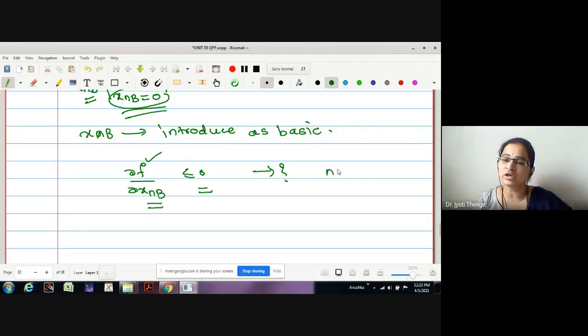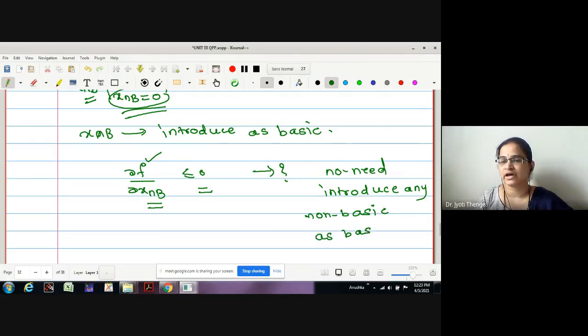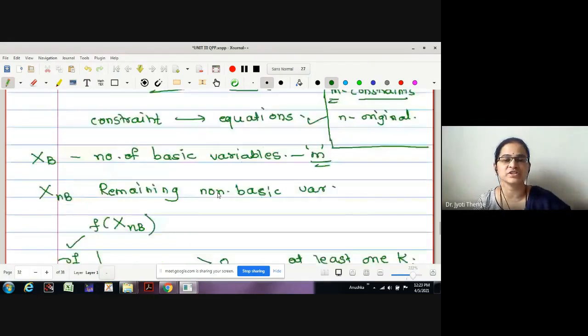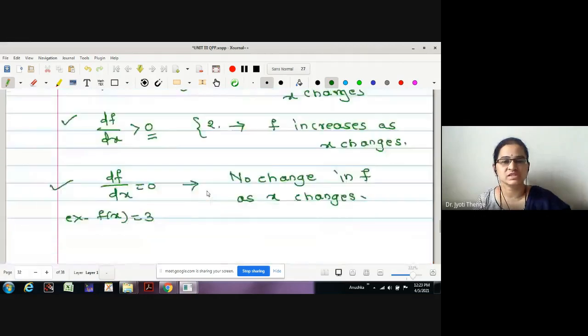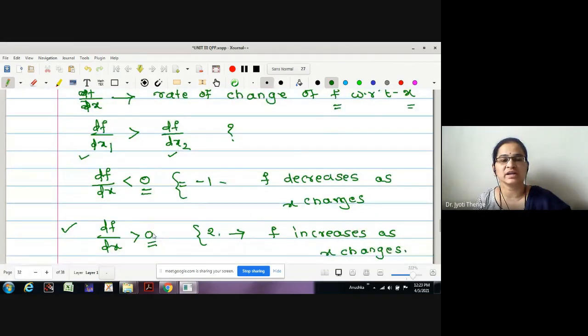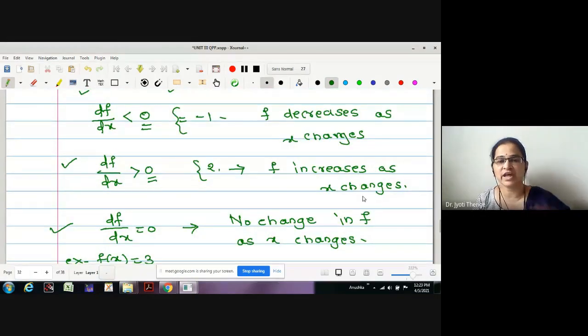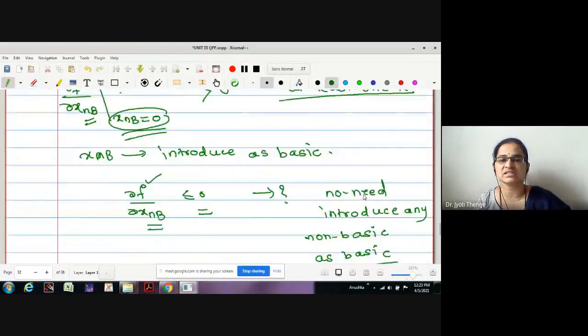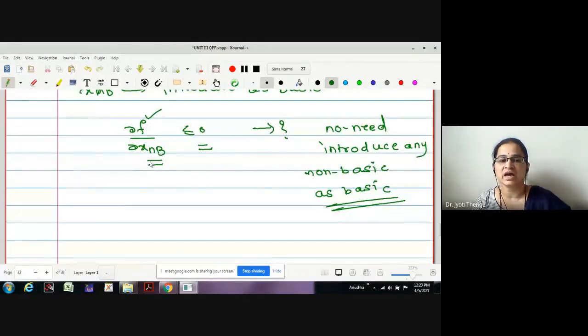Therefore, there is no need to introduce any non-basic variable as basic. We are just using differential calculus here: if dou f by dou x is greater than 0, f increases, so change the value of x. If it is less than 0, no need to change this x_NB.